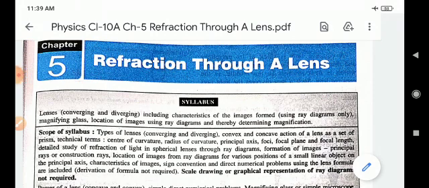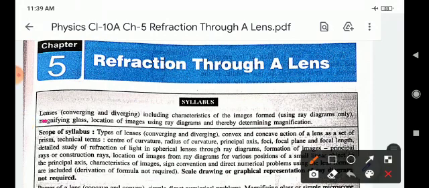Firstly, I will discuss the syllabus. Children, lens converging and diverging, including characteristics of the image formed using ray diagram only. Magnifying glass, location of images using ray diagram and thereby determining magnification.